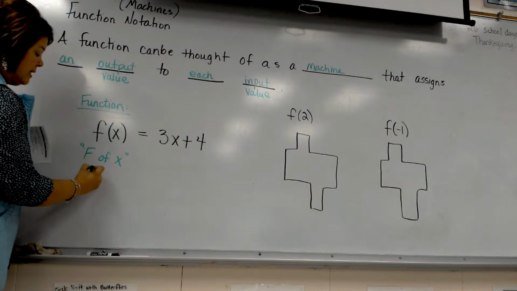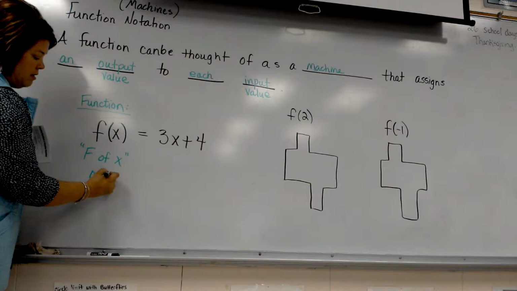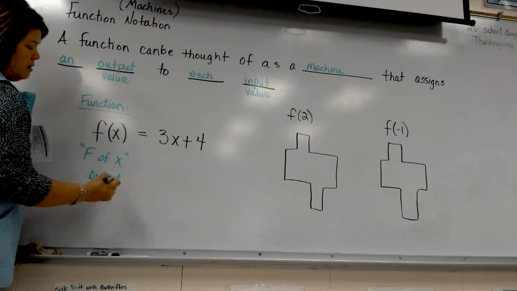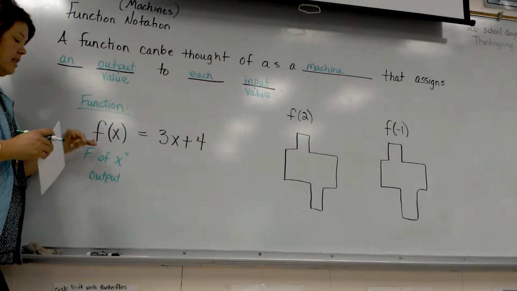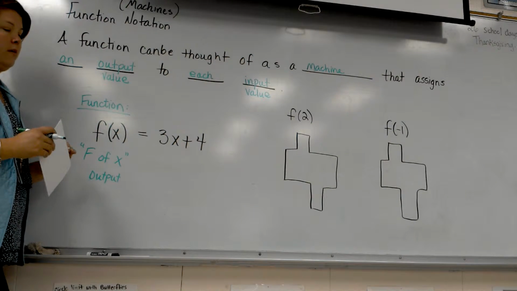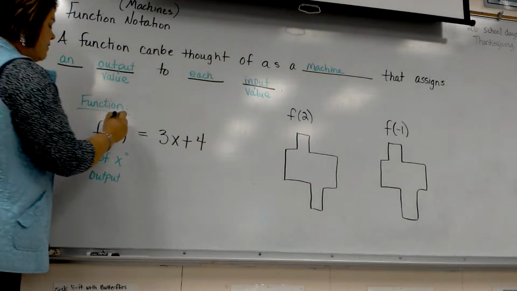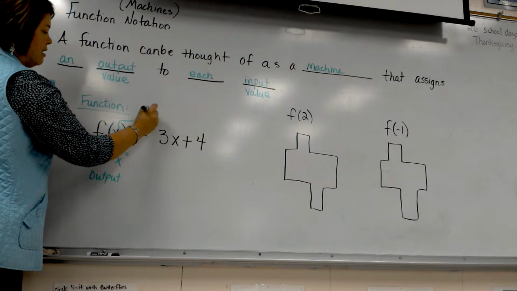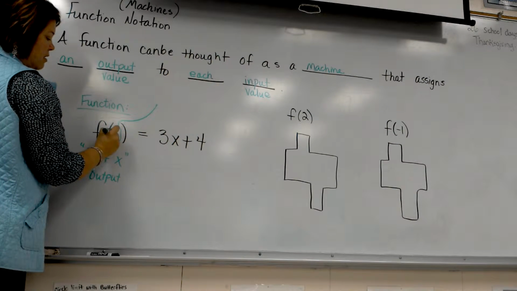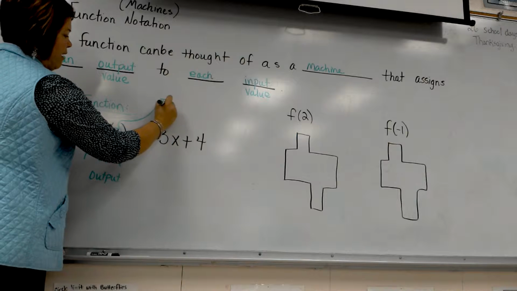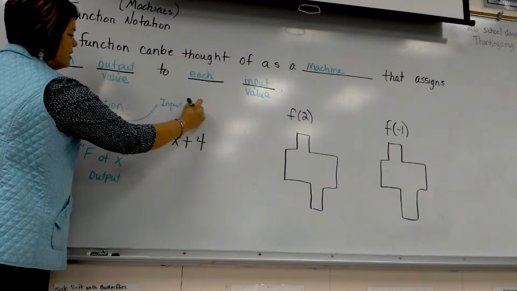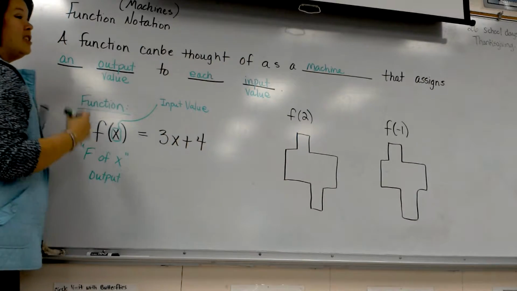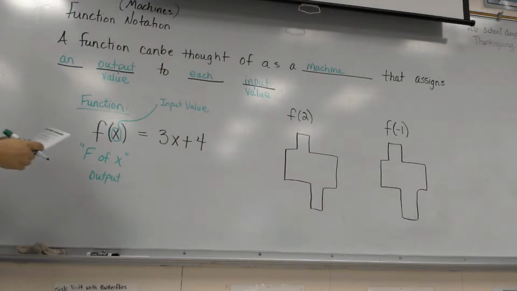And this is basically your output value. When you go to do something with this function, this is going to be your output value, whatever you get right here. This value that's on the inside, right here, is the input value. This is what I'm going to actually be plugging in to this function, okay?